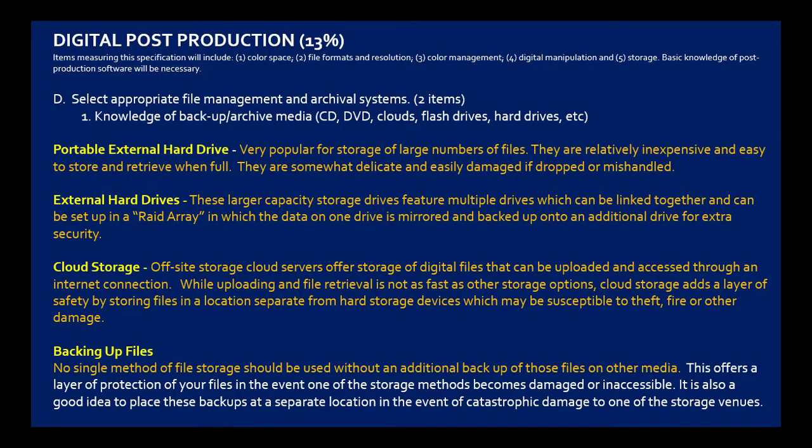They may not be the best solution, because the best solution might be what we're just going to call external hard drives. Now these are going to be the larger types of hard drives that can be set up in sequence so that you have some sort of a fail-safe measure and redundancy in your backups.